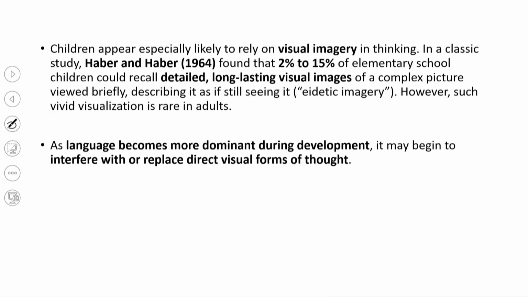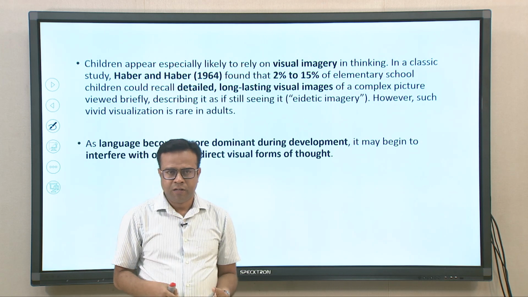Children appear especially to rely on visual images. If you look at children, initially their reliance on visualization or the visual image is very high. A lot of images are involved in the thinking process of a child.